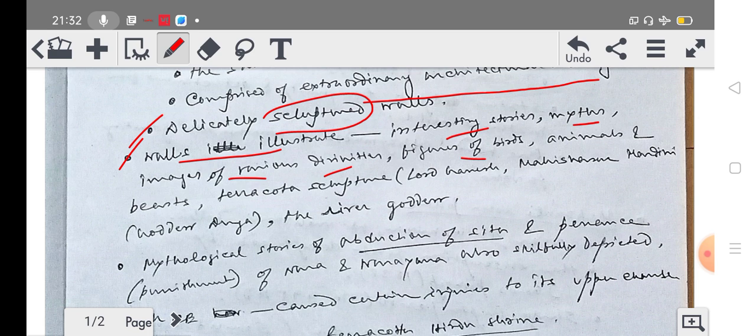Figures of birds, also there was a touch of nature, like figures of birds, animals and beasts.